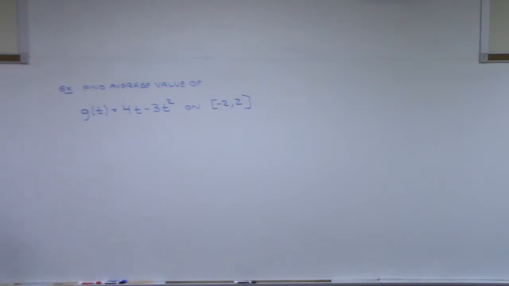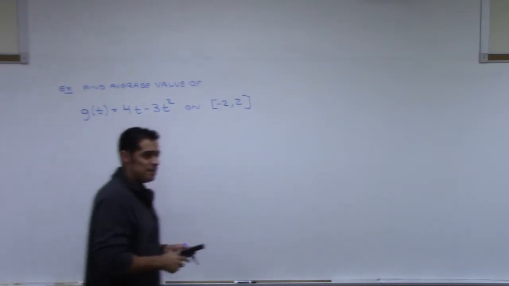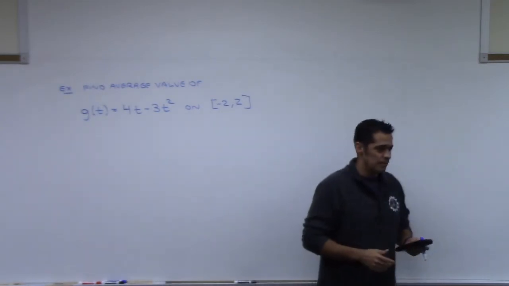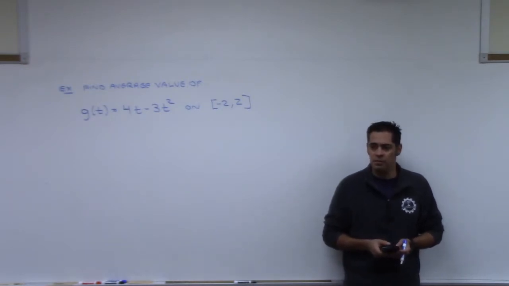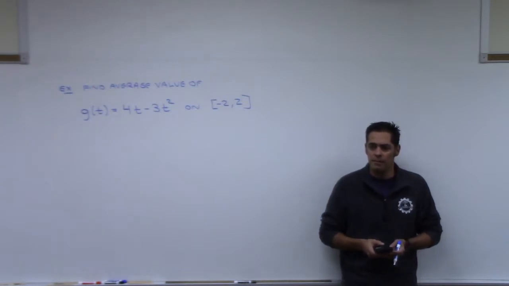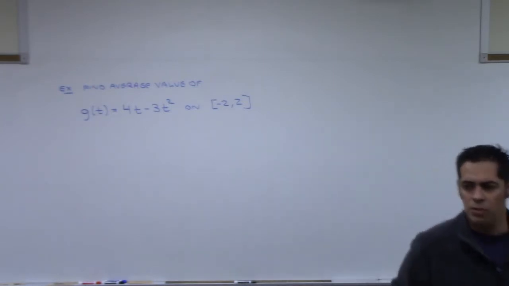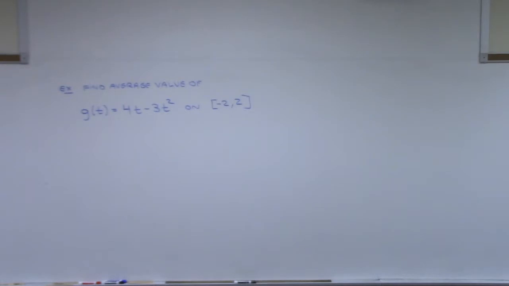Just be careful on that b minus a. B minus a is not 0. Oh, 2 minus -2. Right? 2 minus -2. B is 2, minus, look at the formula, b minus a.